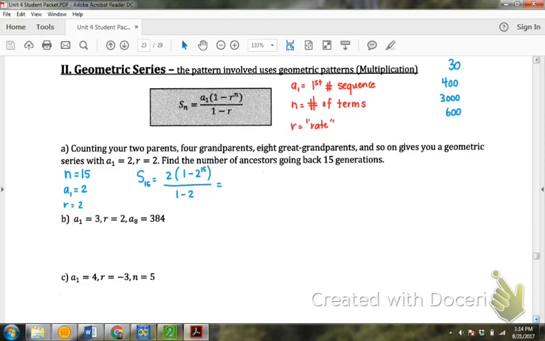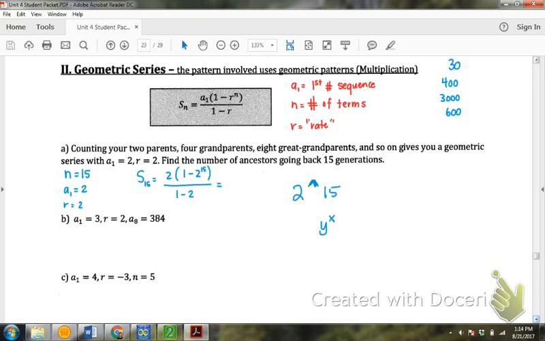Okay, so in your calculator, I want you to do 2 to the 15th power. And you're probably going to be using this button right here that looks like a little caret, 2 to the 15th. Or if you have the y to the x button, that's going to be your 2 to the 15th. Okay?